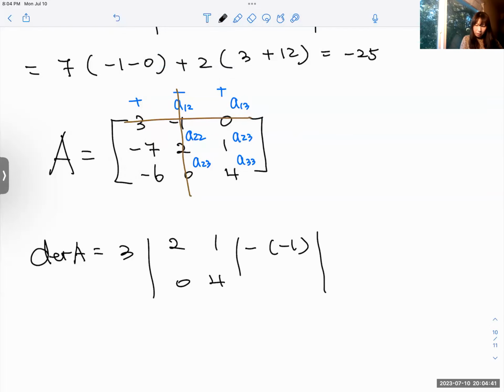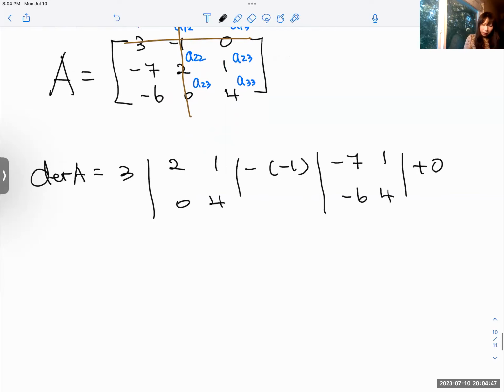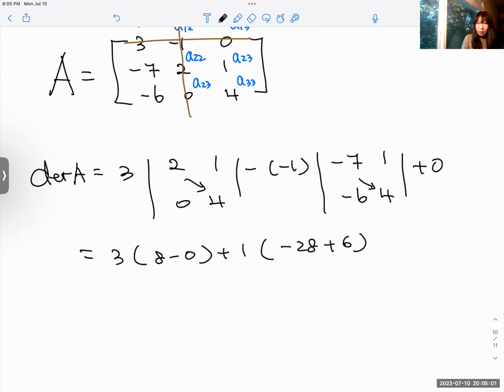So we have negative 7, 1, negative 6, 4, and the rest is 0. Okay, now we have 3 times 8, plus 1 times negative 28 plus 6. Can you please calculate?